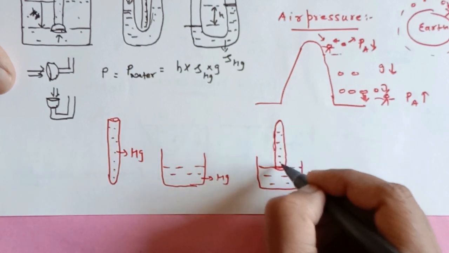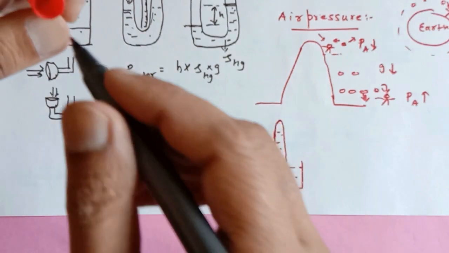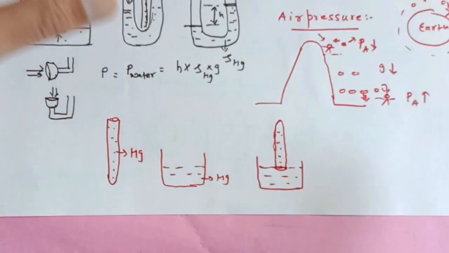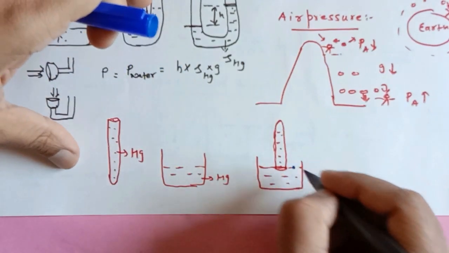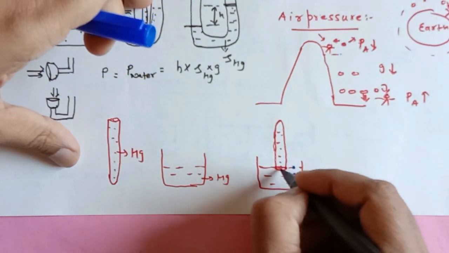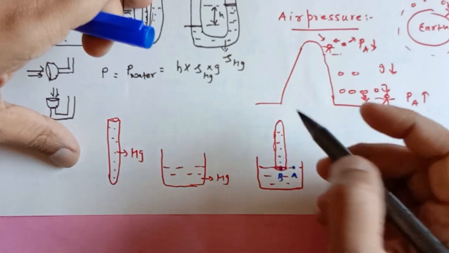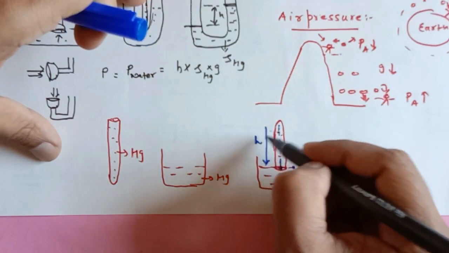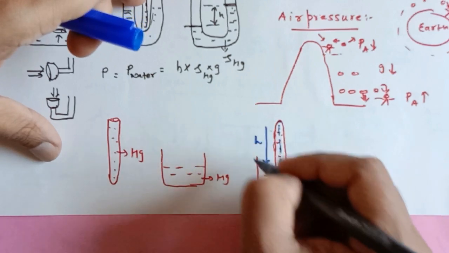Now, what is the situation in front of us? There are 2 points, A and B. This is point A and this is point B. So this mercury has got depth H from the top. We know that is 100 centimeters.